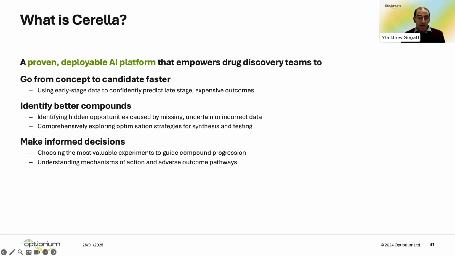It does help to identify better compounds, finding those hidden opportunities caused by missing, uncertain, or incorrect data, and helping to comprehensively explore optimization strategies for synthesis and testing. And as we've been focusing on today, it also helps to make informed decisions, choosing the most valuable experiments to guide compound progression, and also helping to understand the underlying mechanisms of action and adverse outcome pathways for your compounds and your objectives.